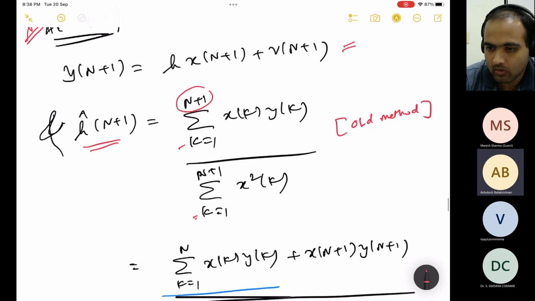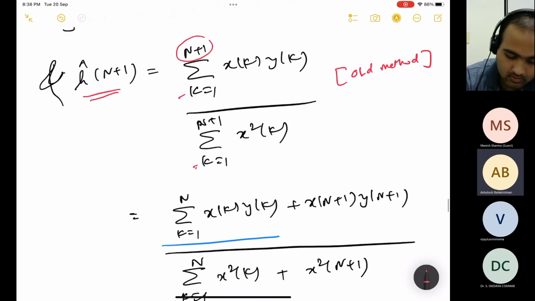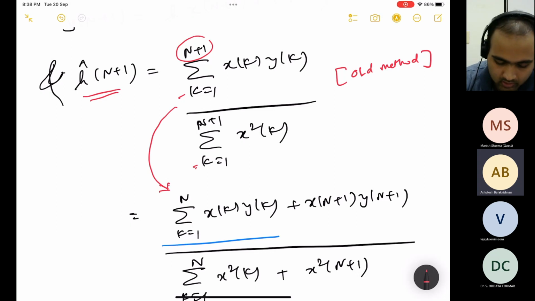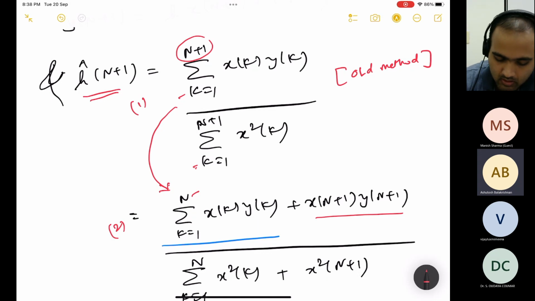If we employ the old method, we'll get the answer, but we don't want to do this kind of iterative method. So what we can do? If I break this into two parts, we get the sum for k from 1 to n of xk yk plus xn plus 1 yn plus 1. It is the same meaning. I number this as step 1 and this as step 2.